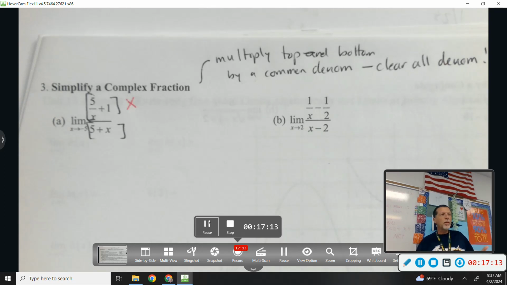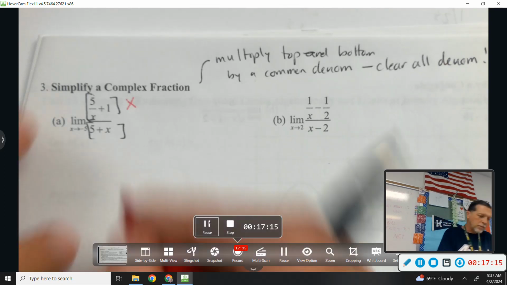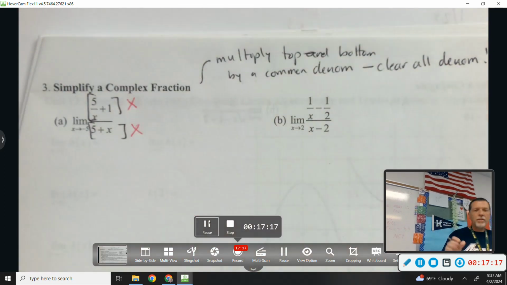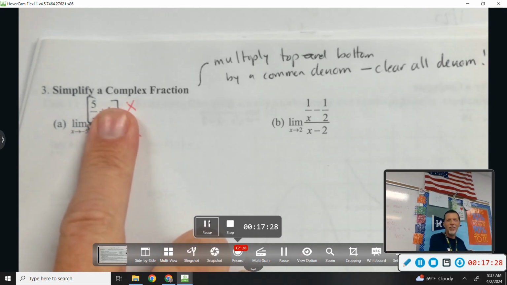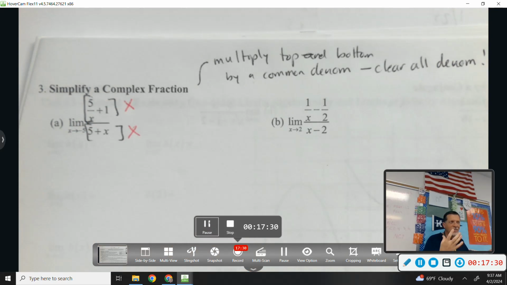Obviously, you can't just multiply the top of a fraction without multiplying the bottom. Oh, wait a minute, I need to back up. I do this all the time, and students do this all the time. Substitute first to see if you get an answer. All of these are in the simplify a complex fraction section of the notes, so you're going to have to do it. But if they're just walking around in the wild, you don't want to try this until you've substituted first to see that it doesn't really work.